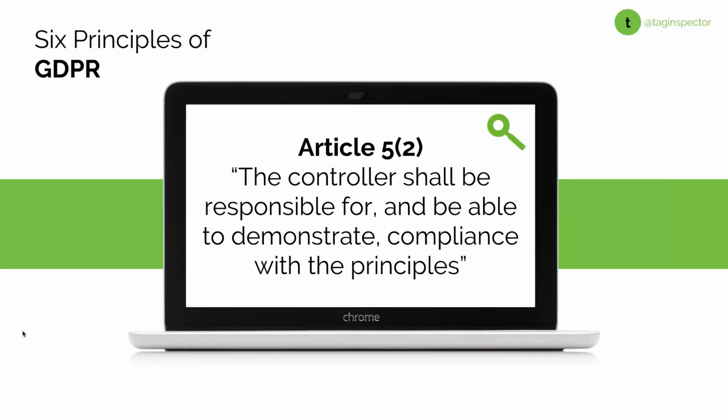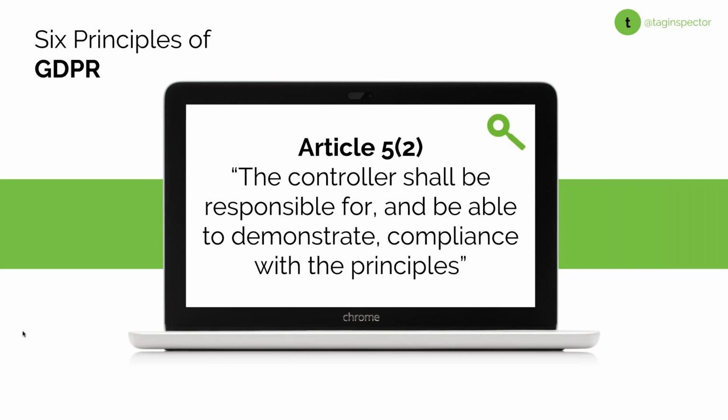An important point here also, Article 5, Section 2: the controller shall be responsible for and be able to demonstrate compliance with the principles. The onus is on the controller. So if you're an agency working with a client, even if you're processing information on behalf of that client, you may fall under the classification of a controller if you are determining, independent of that client, how exactly data should be used.